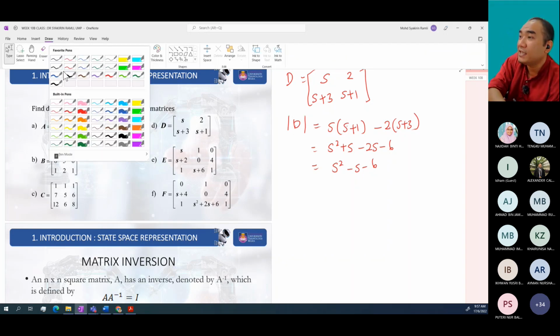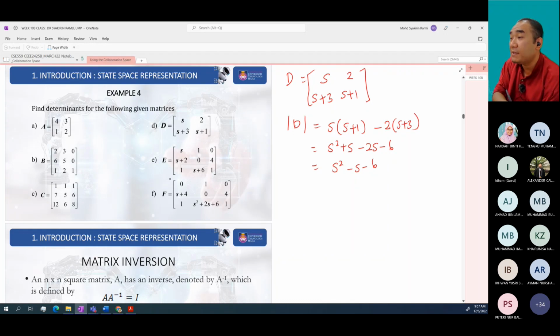What about example E? Now we have a 3 by 3 matrix. How can we compute the determinant of the matrix E? Okay, how do we compute the determinant of the matrix E? First, we take the first cell, which is S. And then we multiply with this, we cover this row and column, and then take the remaining part.